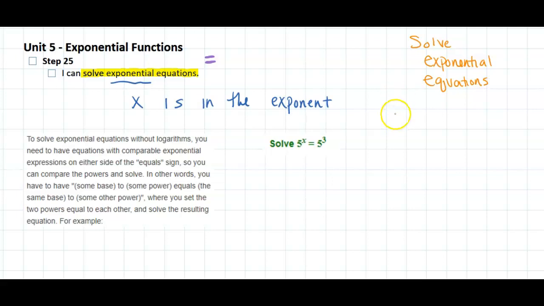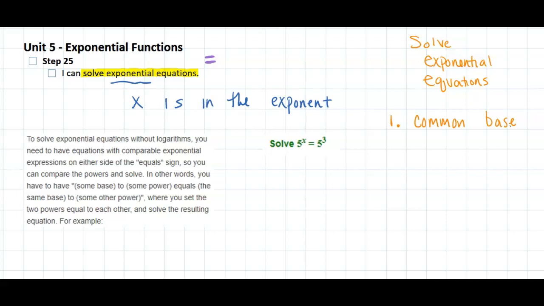the key in the first step is to have a common base. If we have a common base, then the two sides of the equation are going to be equal to each other if and only if the exponents are equal to each other.